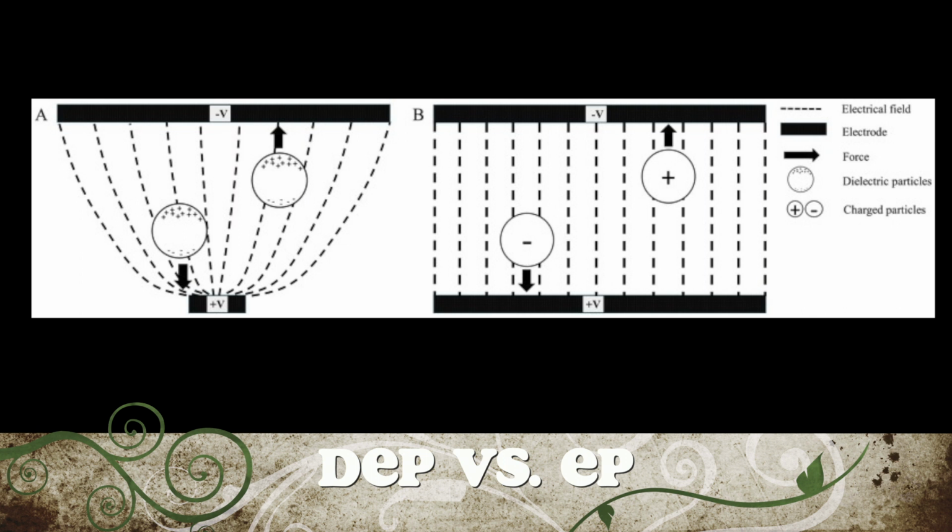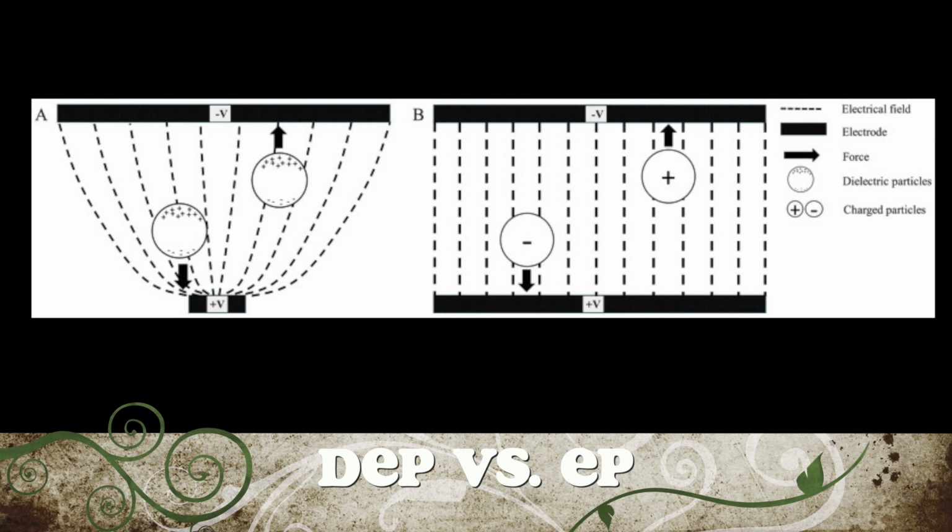So in Figure A, it shows the positive dielectrophoresis and the negative dielectrophoresis effects, where the dielectric particles move towards the high electric field gradient on the left for the positive dielectrophoresis, and the dielectric particles move towards the low electric field gradient on the right side for the negative dielectrophoresis.